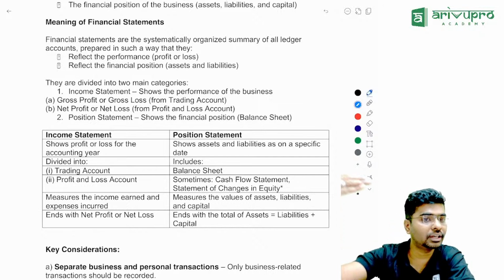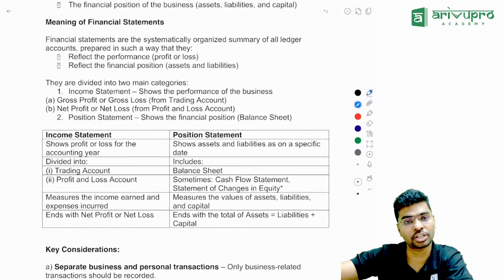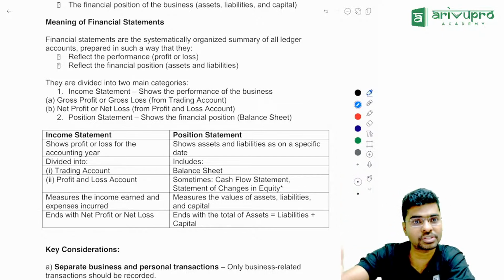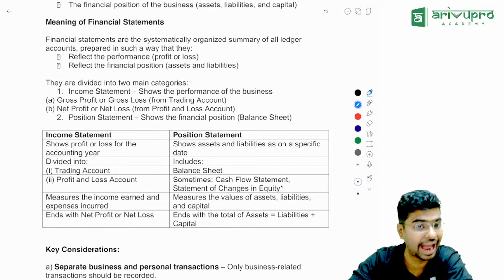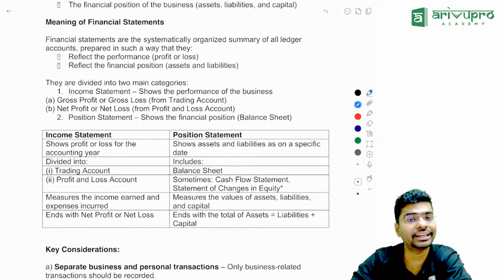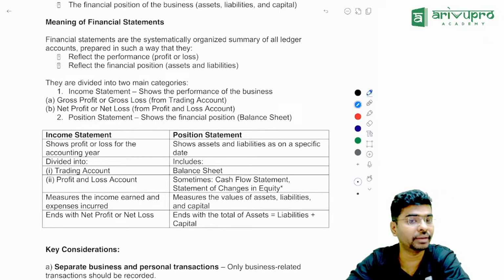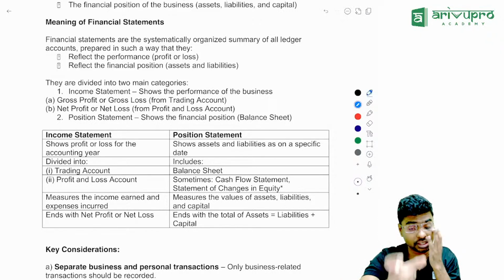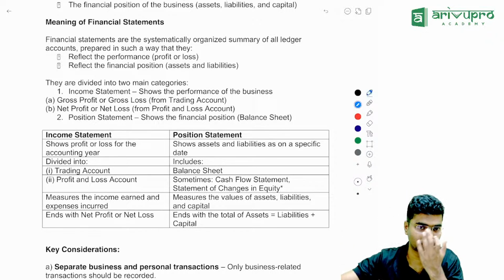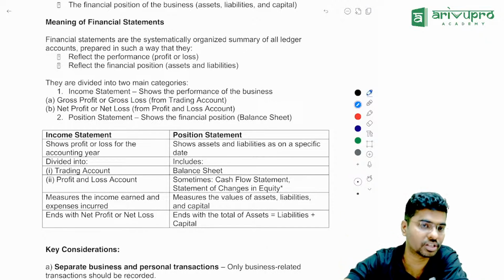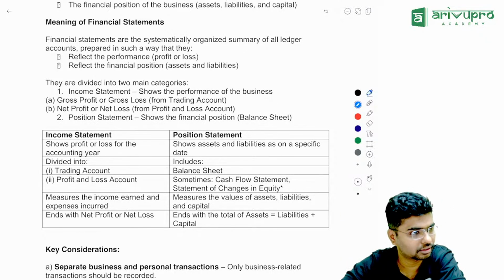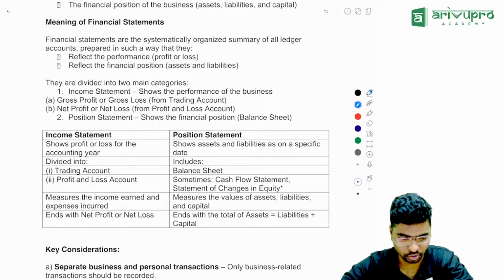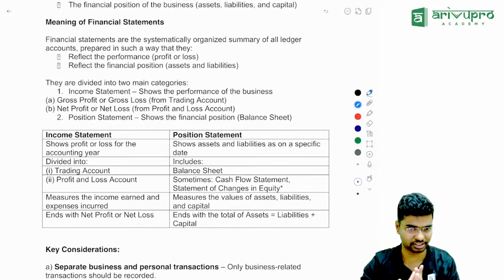From the gross profit, if I reduce the indirect expenses and add the indirect income, what I get is the net profit of the business. This is the profit which will be available to the shareholders, investors or owners of the company. Now we will go a little more in depth about the trading account and the P&L account, but be clear with the overall structure.